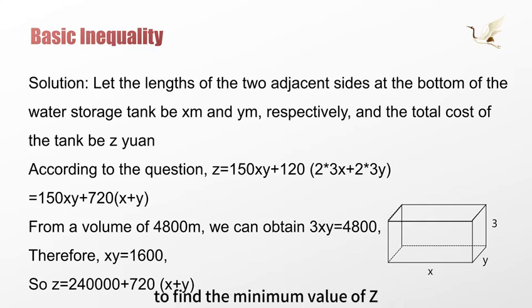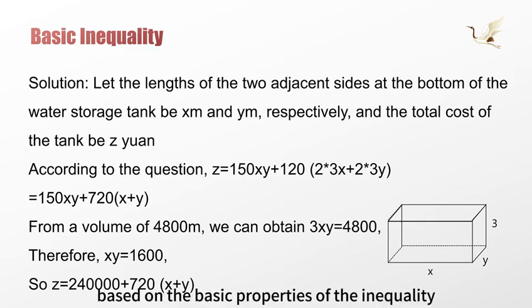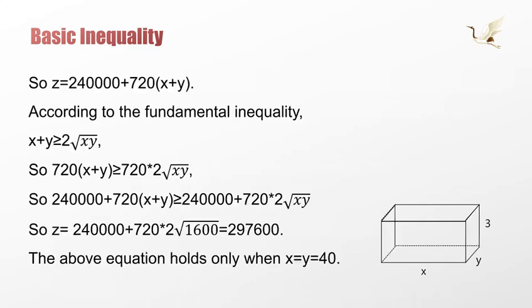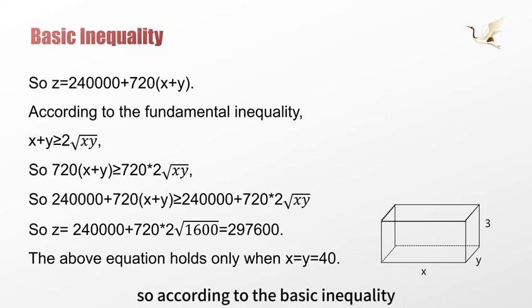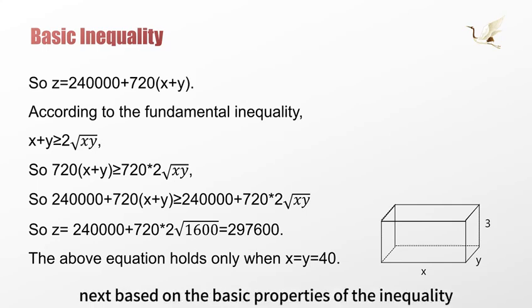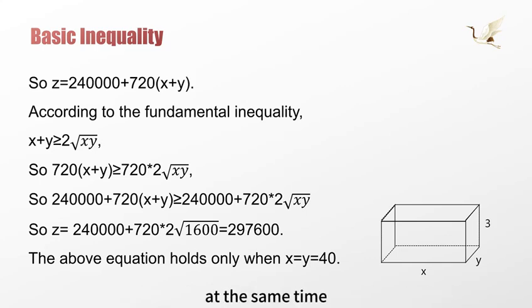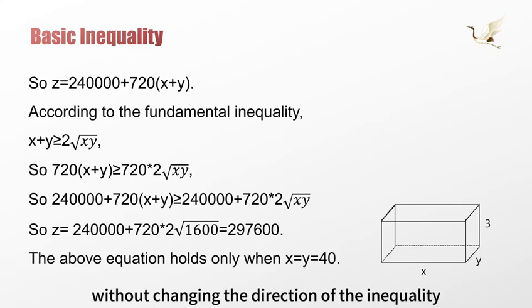To find the minimum value of z, based on the basic properties of inequalities, we simply need to determine the minimum value of x plus y. According to the basic inequality, x plus y is greater than or equal to twice the square root of xy. Next, we can multiply both sides of the inequality by 720 at the same time, without changing the direction of the inequality.